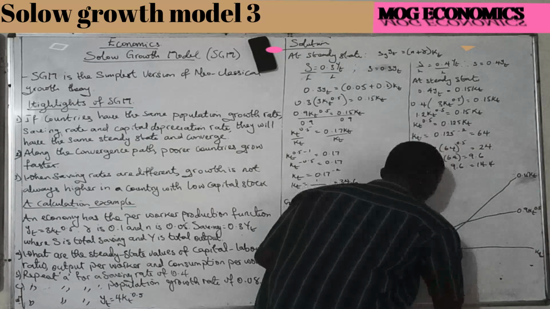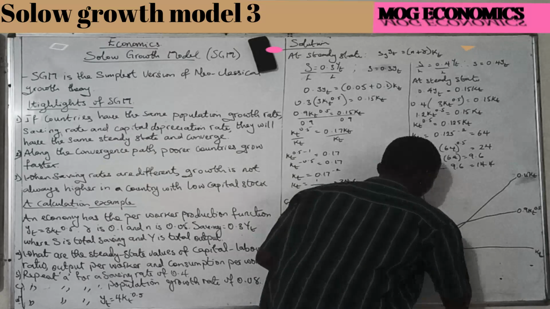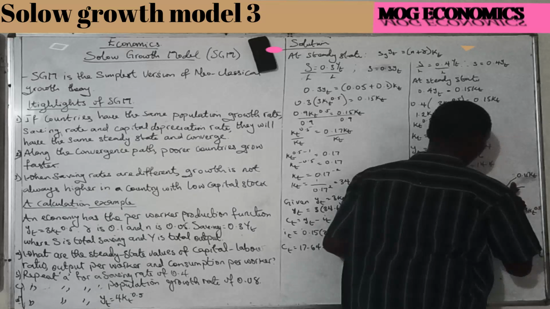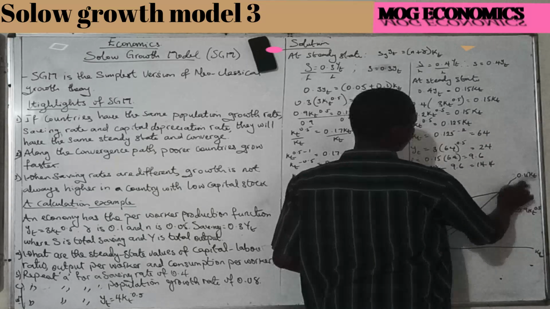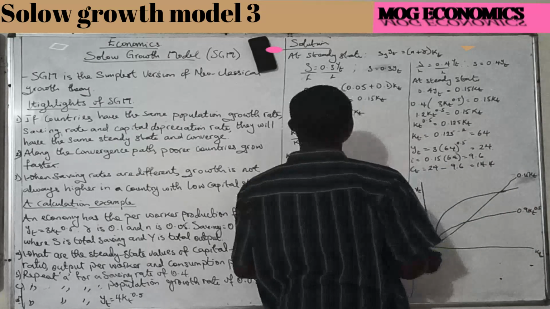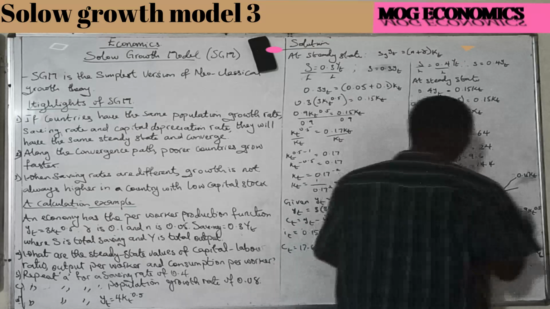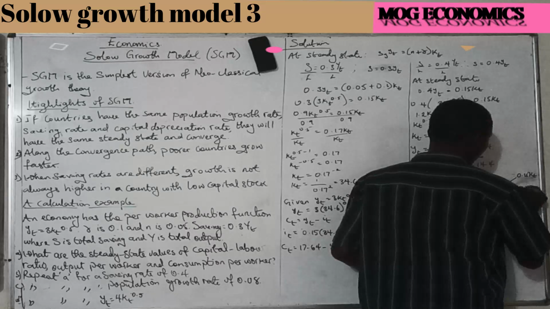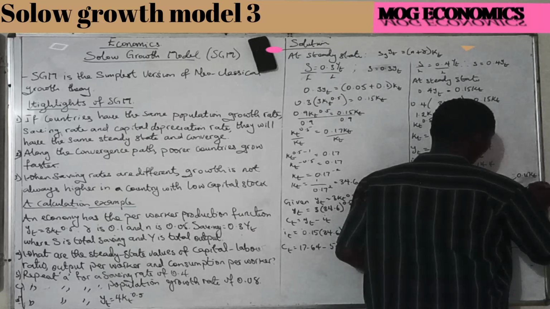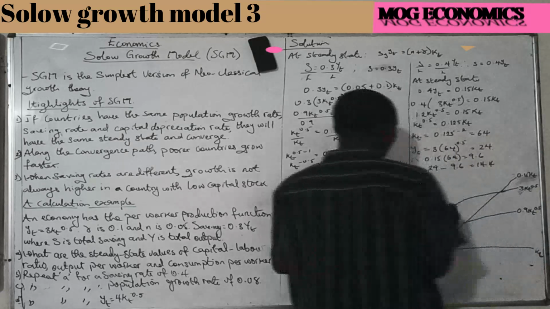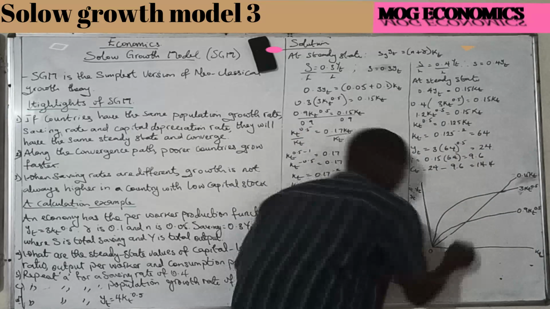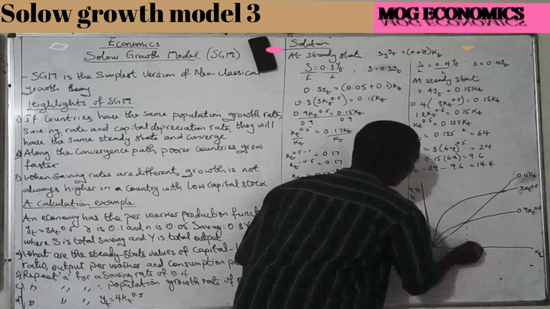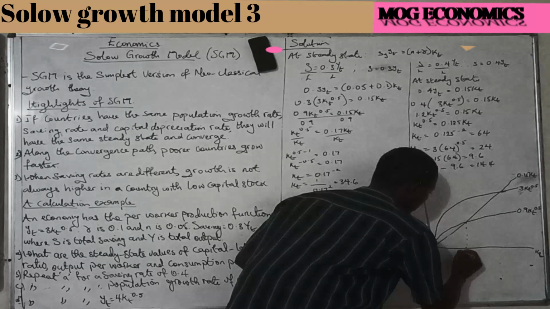And then the initial output, something like this, where Y is 3 KT raised by 0.5. So the initial value of KT at this point happens to be 34.6.